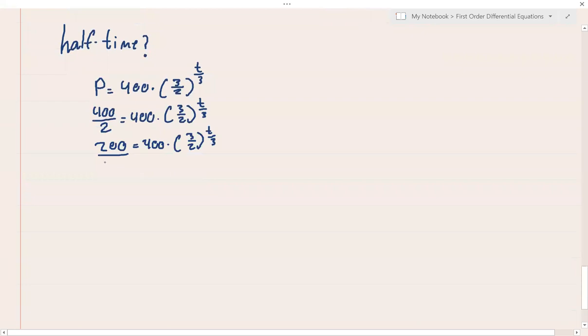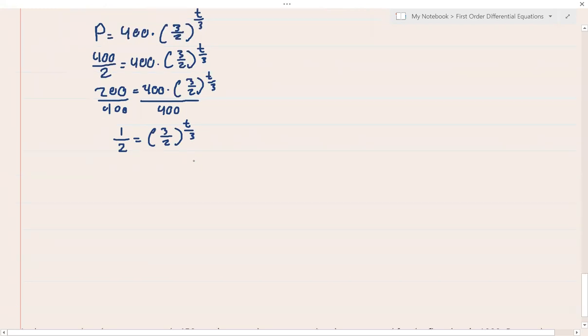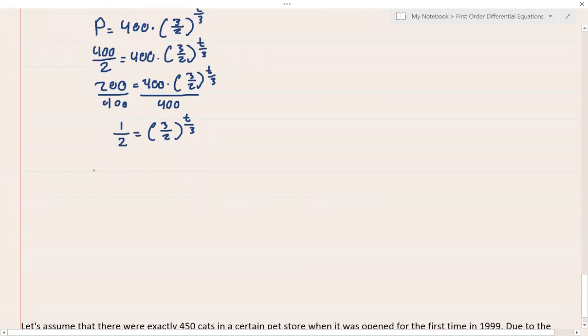So I will divide both sides by 400. So if I'm gonna divide both sides by 400, meron na akong 1 half is equal to 3 all over 2 raised to t all over 3. Yan na yan. Then, what I can do here is I will take ln of both sides.